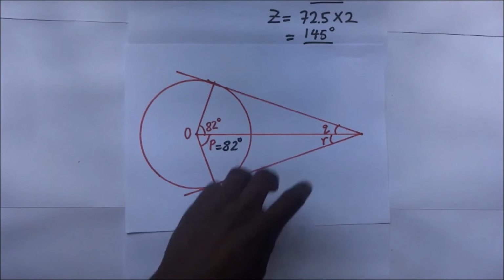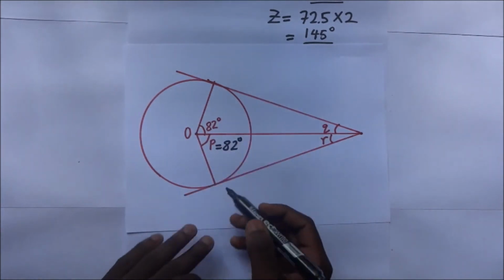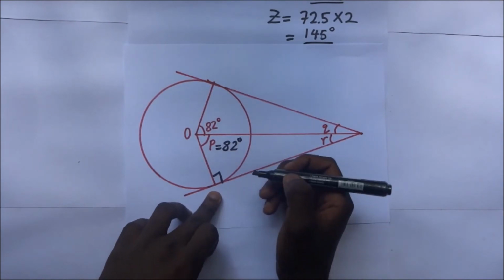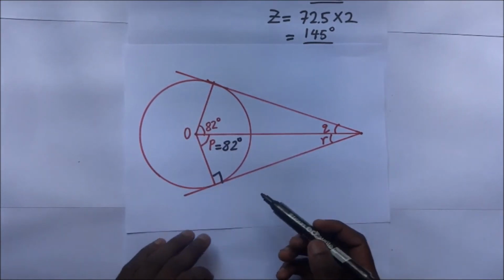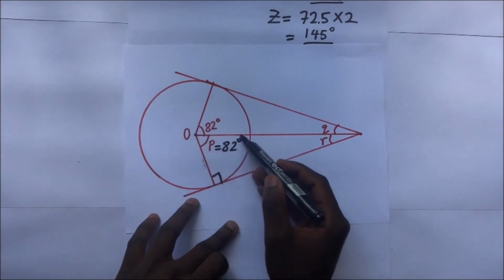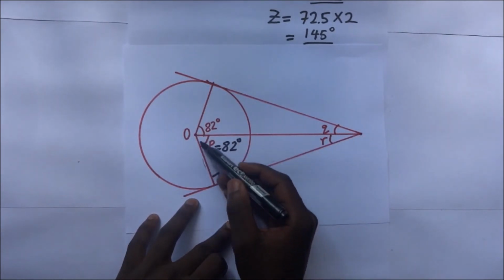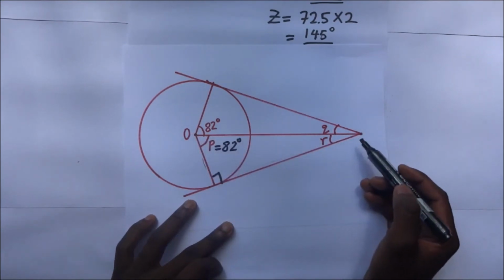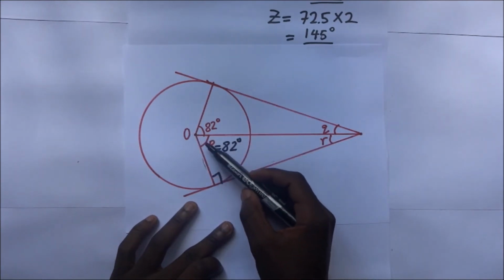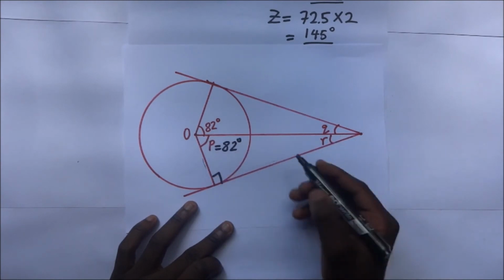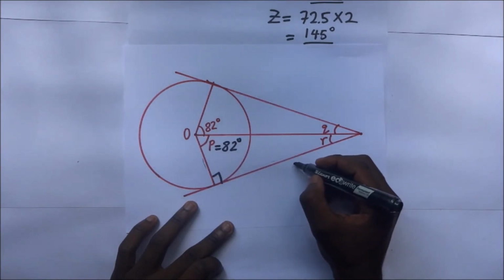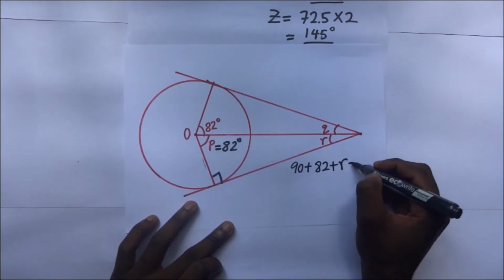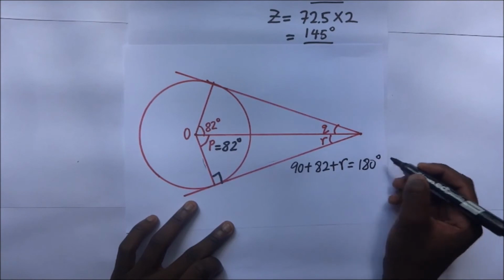And now what about the value of q and r? We know that this being a tangent, it meets this at that point at 90 degrees. So we shall take interest in just one of those triangles. And we know that the total angle sum of a triangle is 180 degrees. So it's going to be 90 degrees plus 82 degrees plus r is equal to 180 degrees.